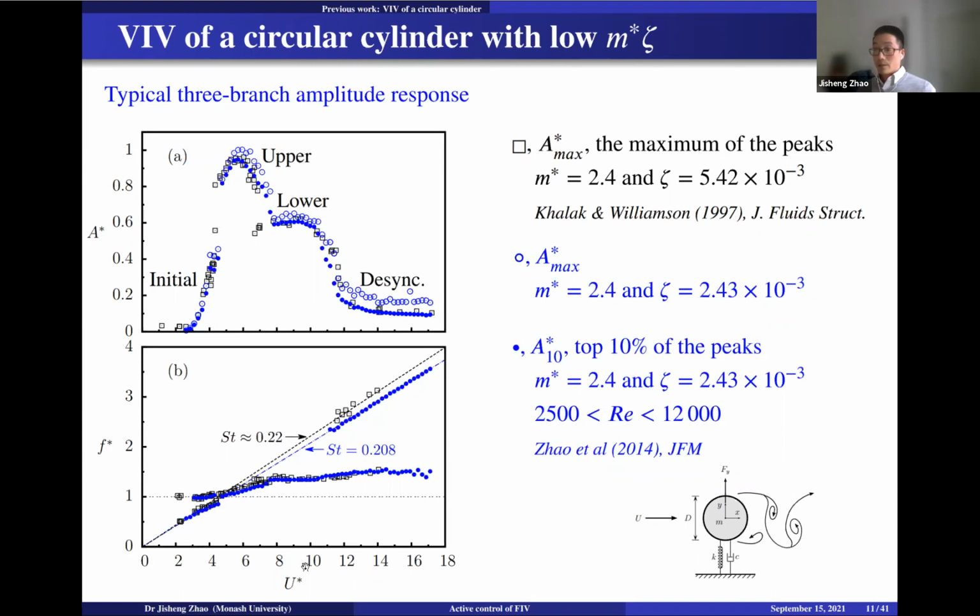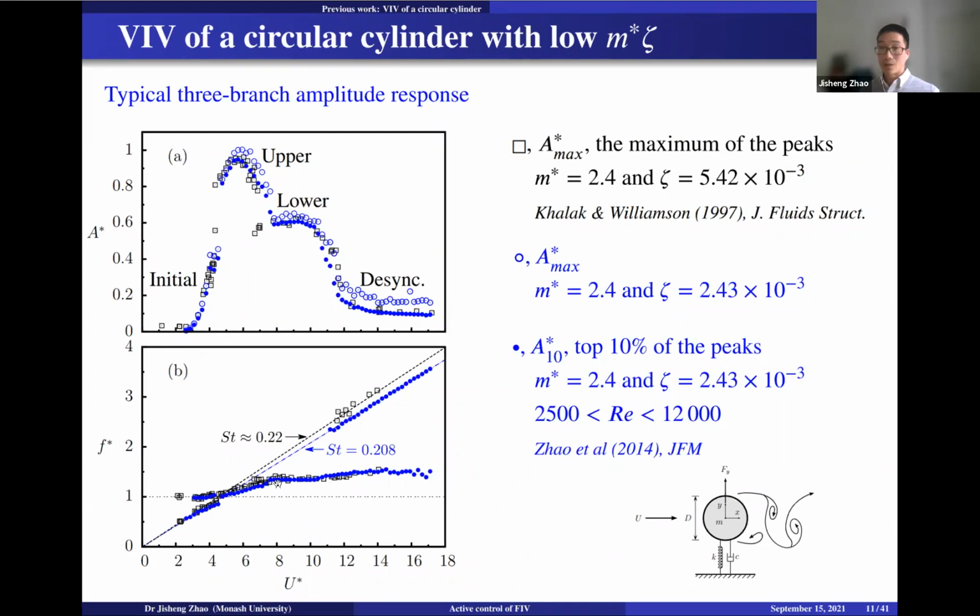And as you increase the reduced velocity, you can see these two frequencies getting close together. And then the structural vibration amplitude will experience a sudden jump from the initial branch to the upper branch, where what we call the lock-in or synchronization starts. As U star is further increased, it would jump from the upper branch to the lower branch, where the frequency becomes more stable because of the mass effect of the system.